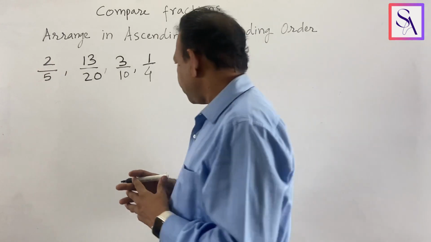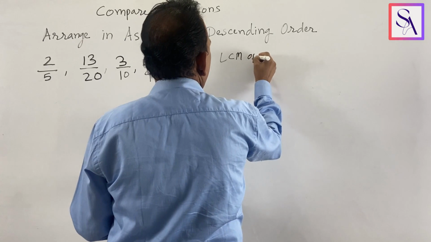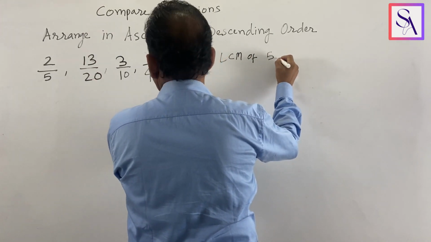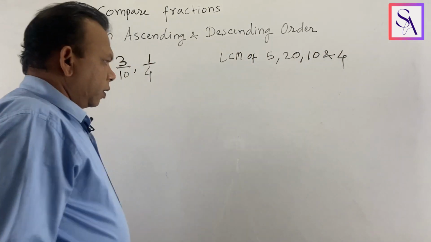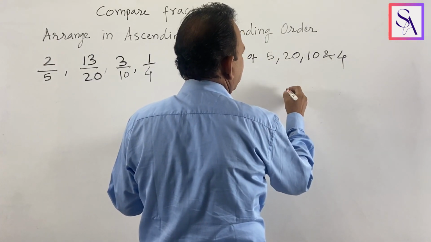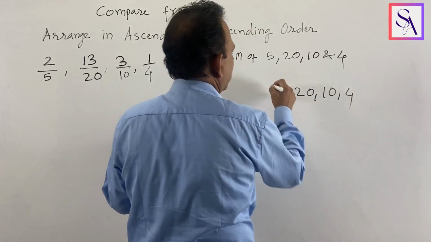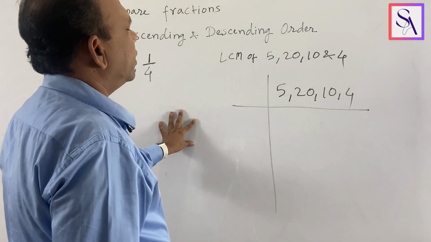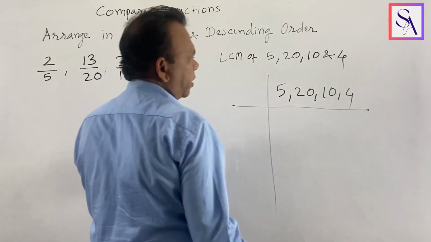So let's do that. LCM of 5, 20, 10 and 4. How to take the LCM of 5, 20, 10 and 4? I normally do this arrangement, then I find a number which will divide all these 4 numbers.